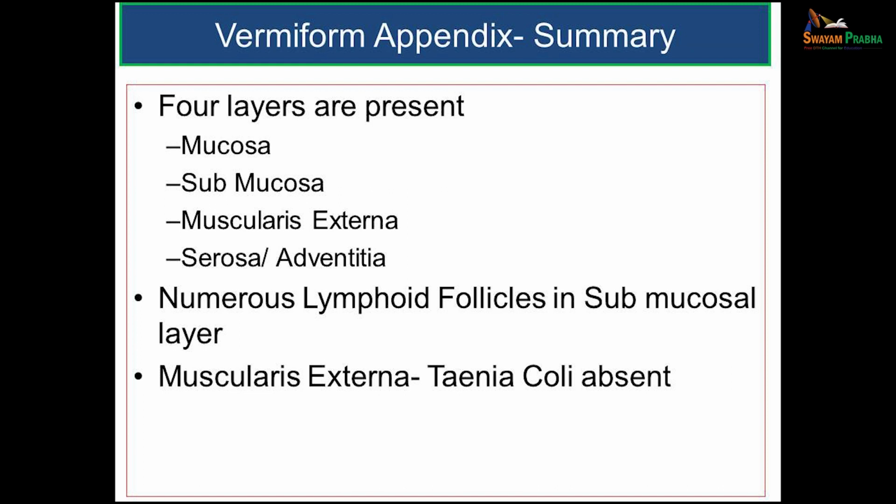And as compared to the rest of the large intestine, in the outer longitudinal layer of the muscularis externa, the tenia coli, which are the 3 thickened longitudinal bands present in the rest of the large intestine, are absent in the vermiform appendix. Not only in the appendix, they are also absent in the rectum. So these are the specific features of the vermiform appendix.